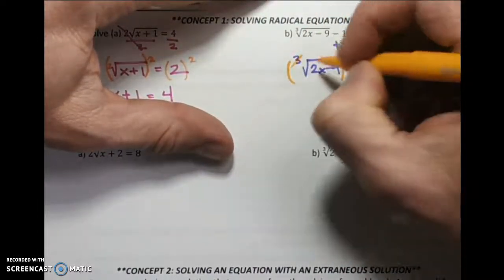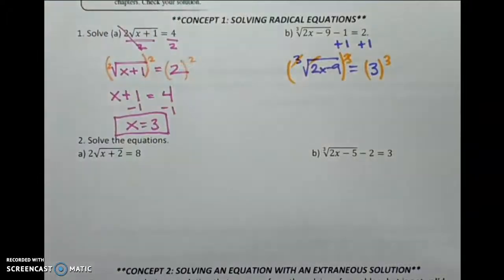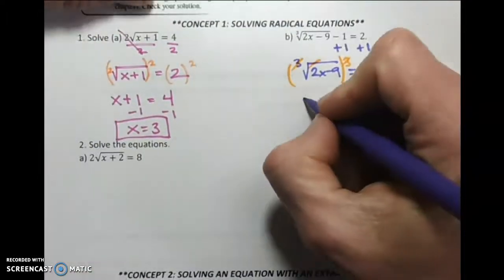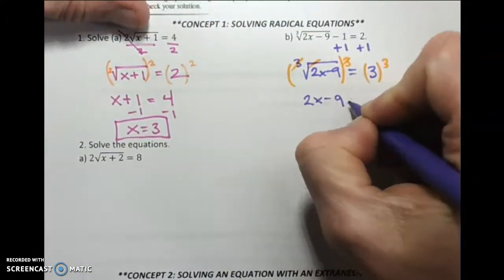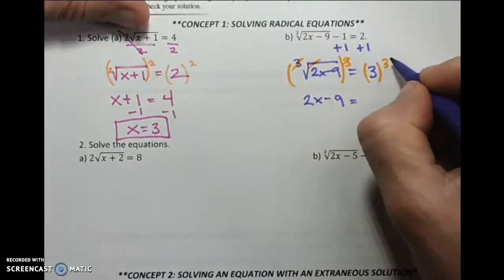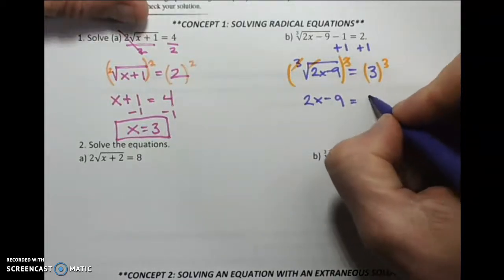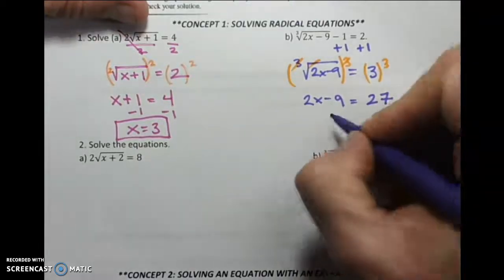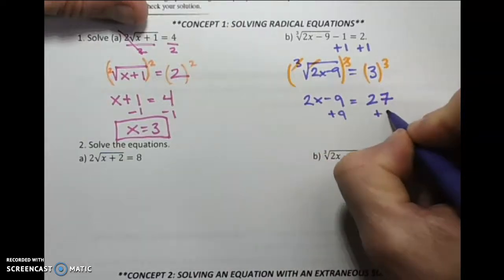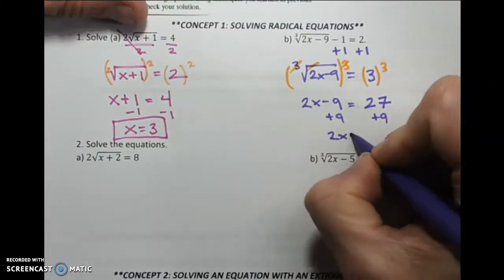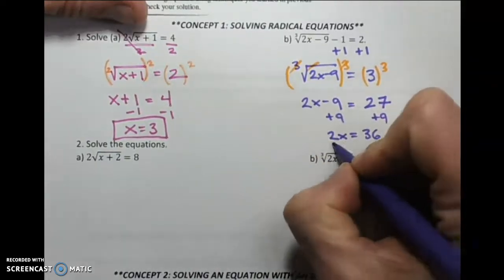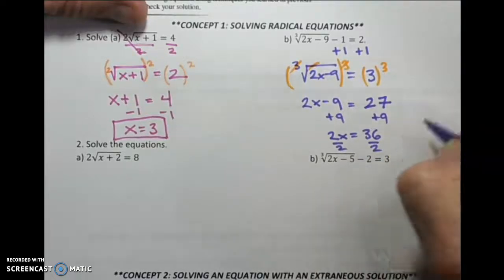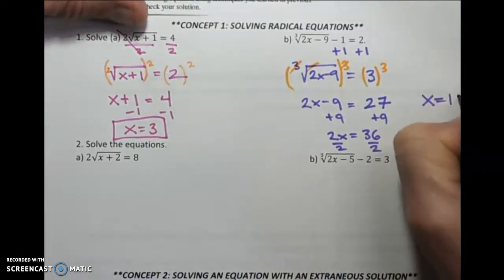And again, that cancels that and that. Now, I am left with 2x minus 9 equals 3 cubed. 3 times 3 times 3, which is 27. Going to add 9 to both sides. 2x equals 36. Divide by 2. And x equals 18.